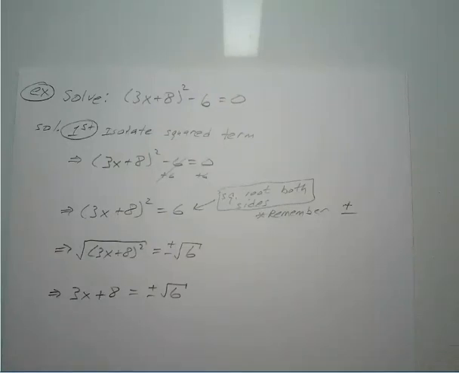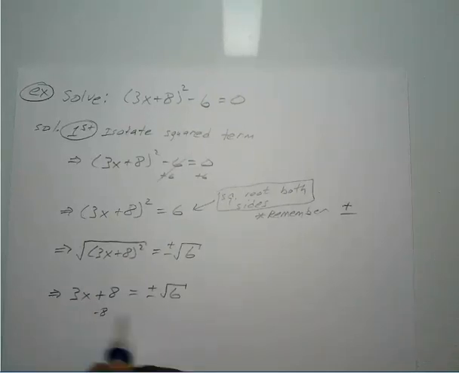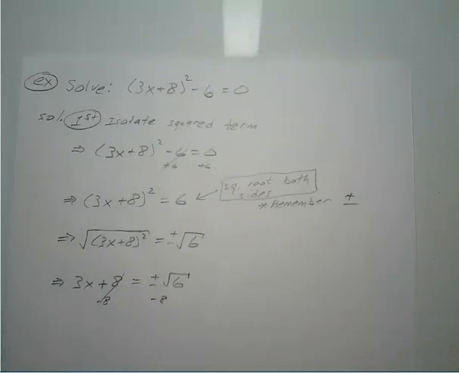Okay, so now we can go ahead and solve for our x value. So we just go ahead and subtract 8 from both sides. So that would give us 3x equals, just like before, the previous example, we put the value that we just moved over in front.